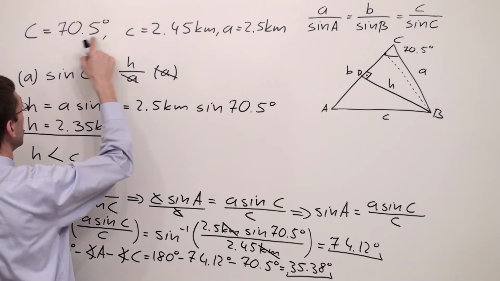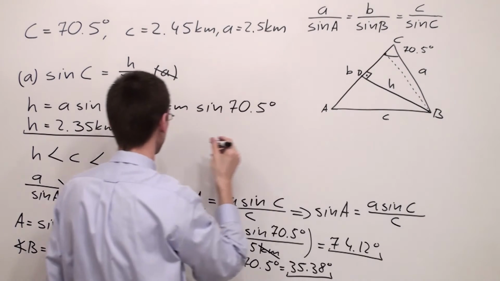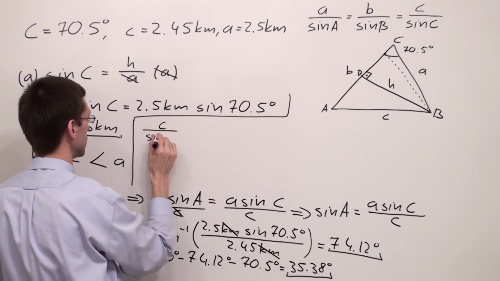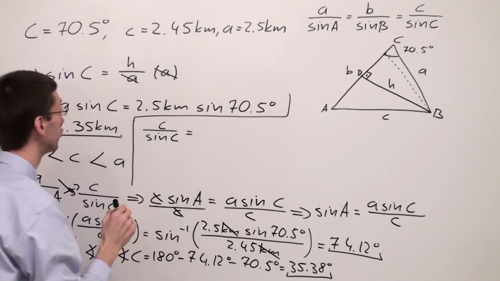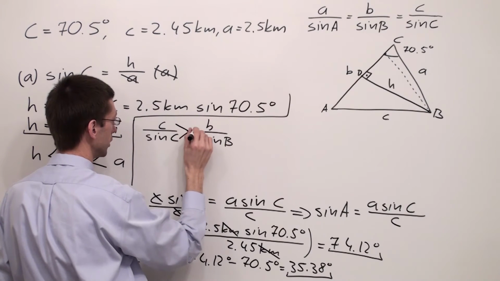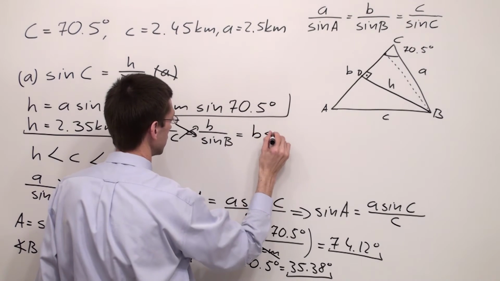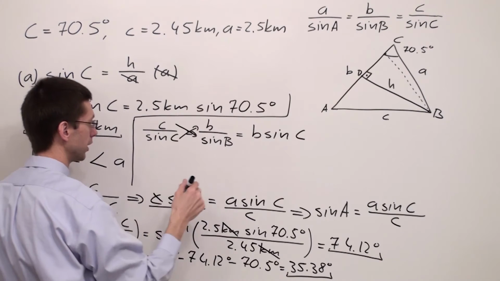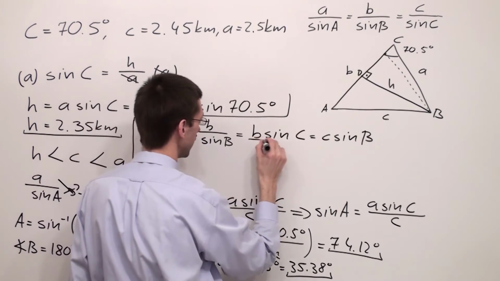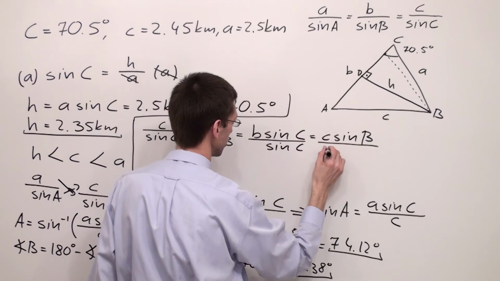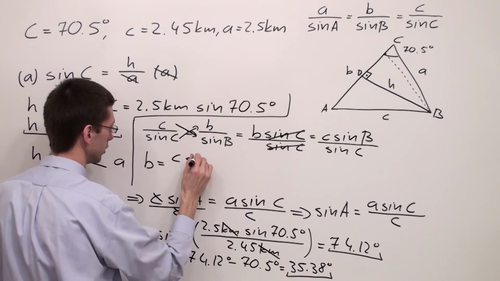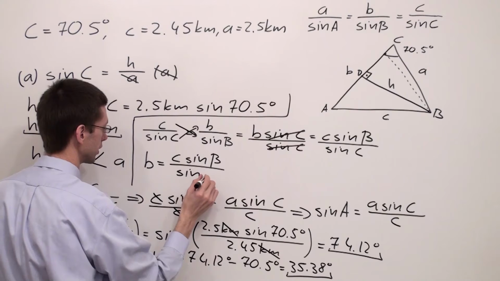We have given angle C and side C. That's why I'm going to use this ratio: C over sine of angle C equals, and because I'm looking for side B, B over sine of angle B. I perform the cross multiplication: B times sine of angle C is equal to C times sine of angle B. In order to find B, I divide both sides of my equation by sine of angle C. So side B is equal to C sine of angle B over sine of angle C.